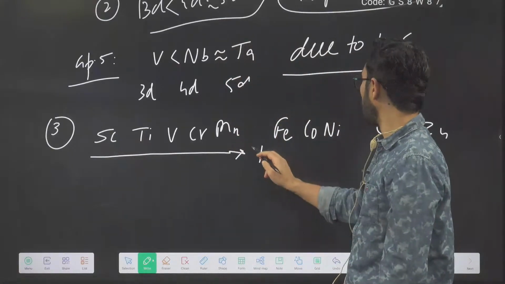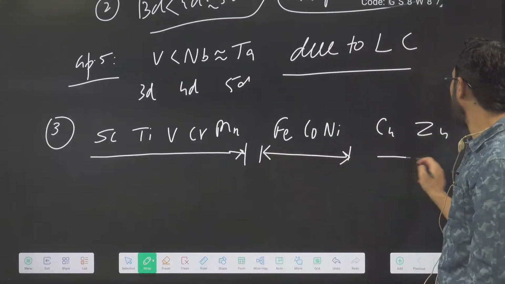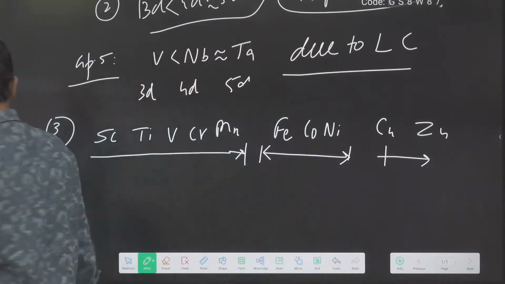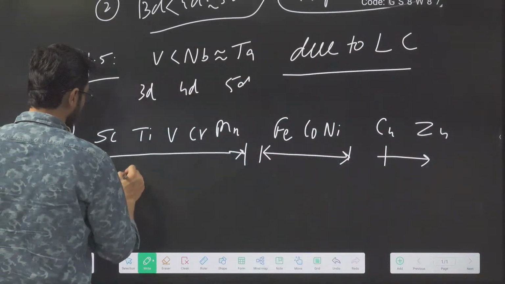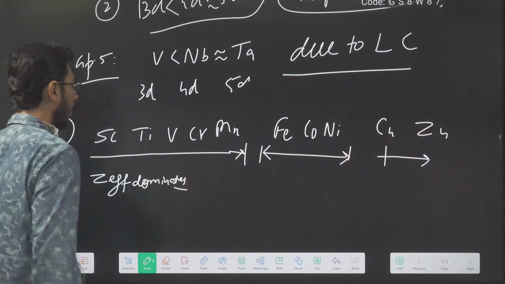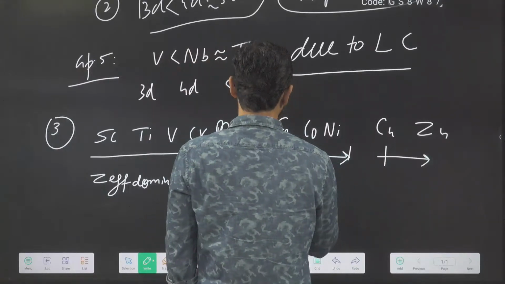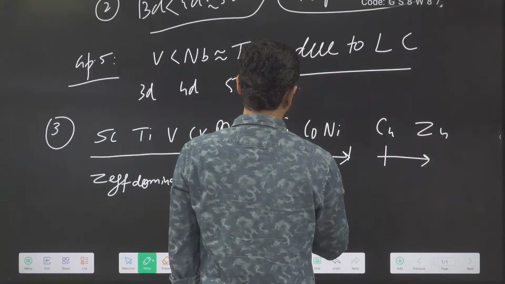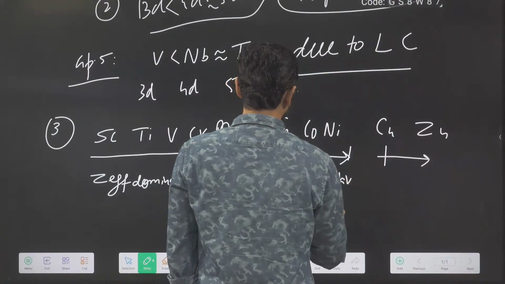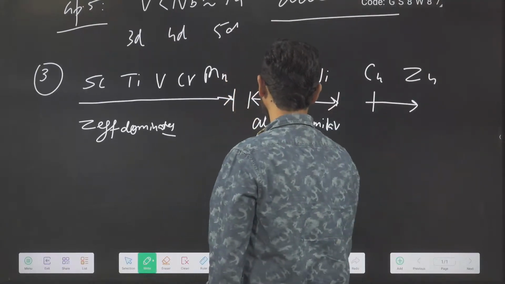Then from here a similar trend, and then here it increases. From this to this, Z effective dominates because of the increased nuclear charge, so less change in atomic radius is observed. Then here almost similar size of the atoms due to Z effective and what was the reason written?